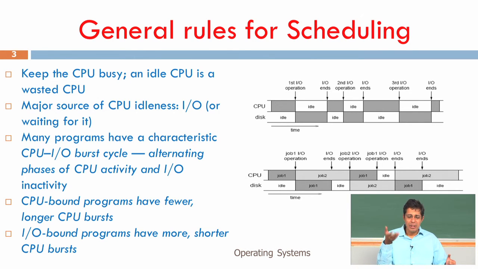When job 2 wants to do an I/O operation, it goes to the disk, and at that time job 1 can be rescheduled onto the CPU. Again, when job 2's I/O finishes, job 2 can be rescheduled onto the CPU, while job 1's I/O can be done.